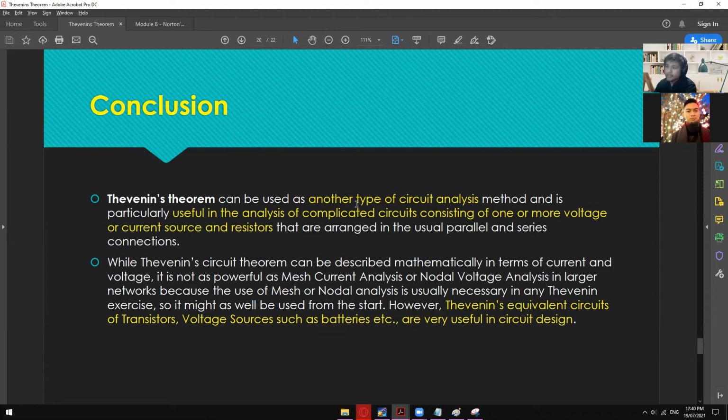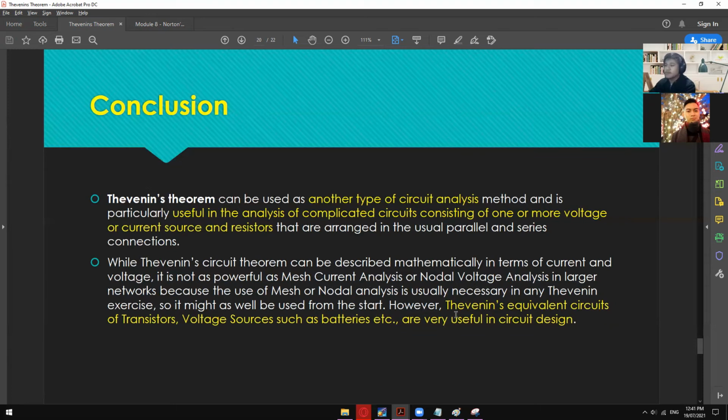While Thevenin's circuit theorem can be described mathematically in terms of current and voltage, it is not as powerful as mesh current analysis or nodal voltage analysis in larger networks because the use of mesh or nodal analysis is usually necessary in any Thevenin exercise. So even though we have our own theorem, let's say Thevenin's theorem, we're still heavily relying on the other theorems like KVL. There's always a KVL, there's always a KCL, there's always an Ohm's law, for us to be able to check if our values are really correct or not.